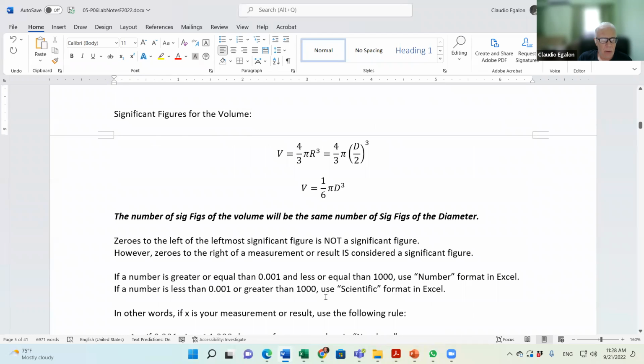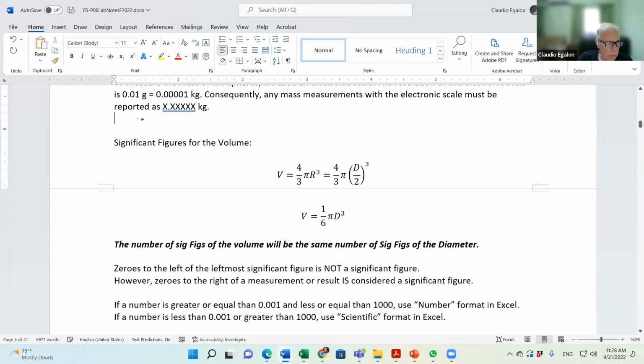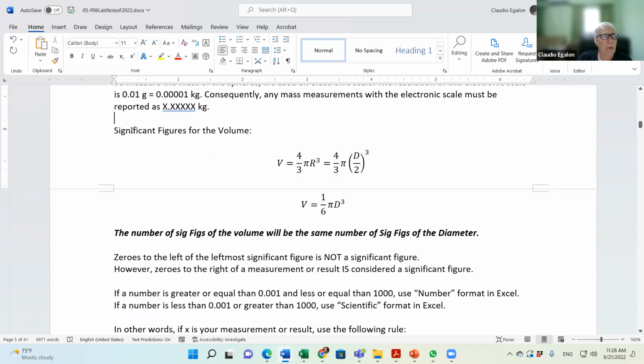Okay, and the result that we're going to get in there is the result for the volume of the sphere. The volume of a sphere can be written as 4/3 pi r cubed. But don't forget, the radius is half the diameter.